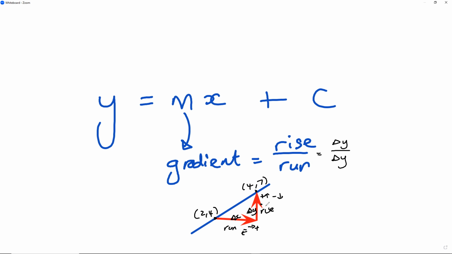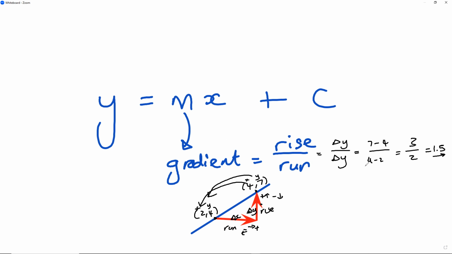Then I know that my change in y would be taking my two y values and subtracting them, and then likewise, subtracting my x values and dividing. So that's 4 minus 2, and so that comes to 3 over 2, which is 1.5.